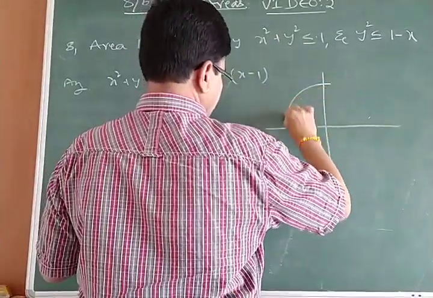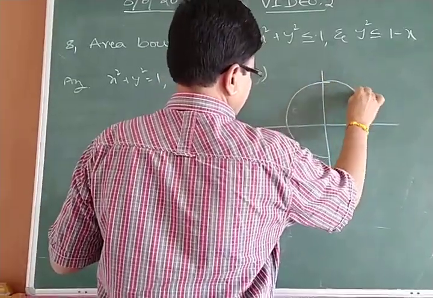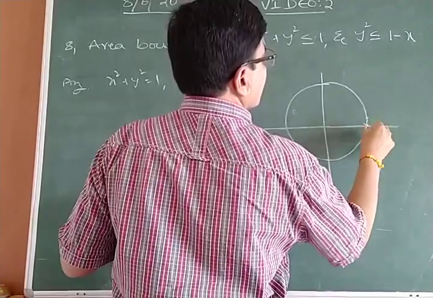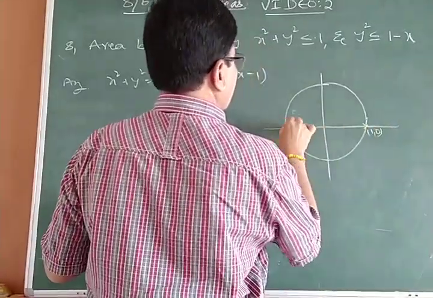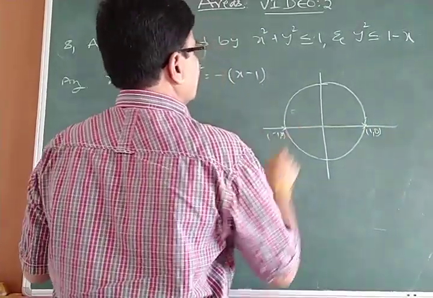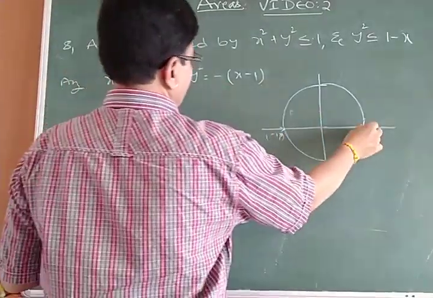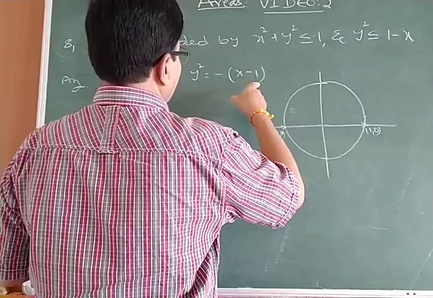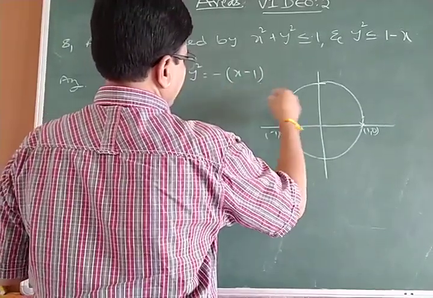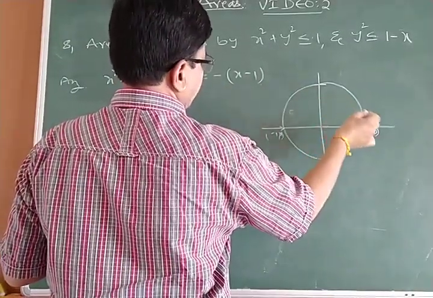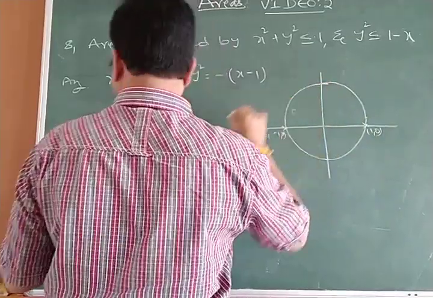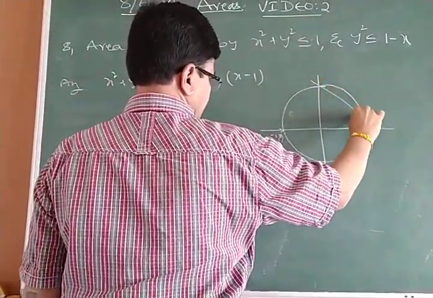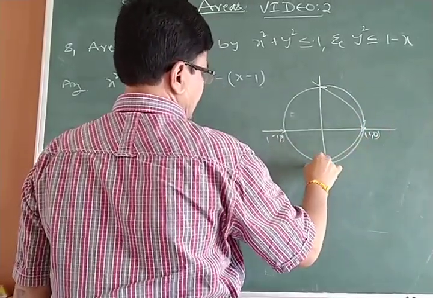This is the circle with 1, 0 and minus 1, 0, and the parabola has its vertex at 1, 0 and is symmetric about the negative x-axis. So that's why it always passes through like this.